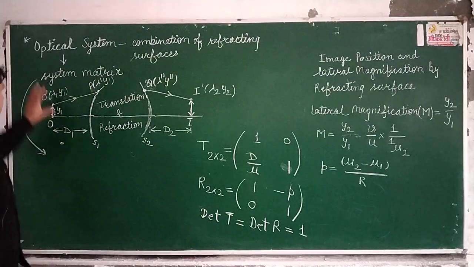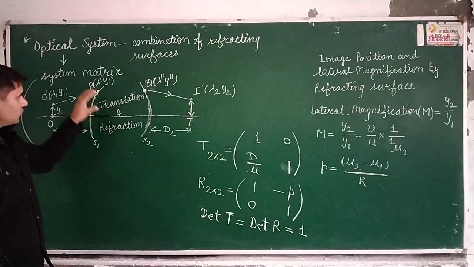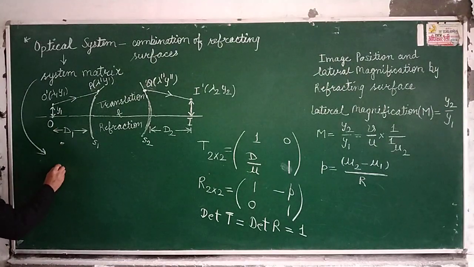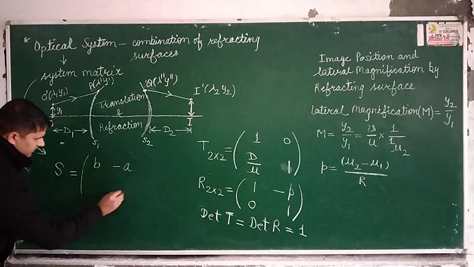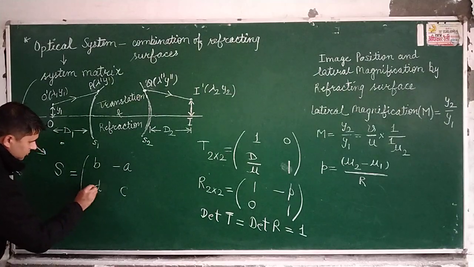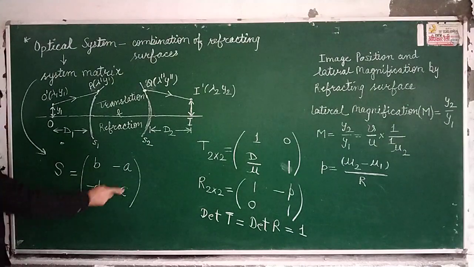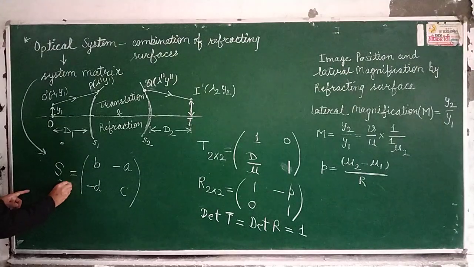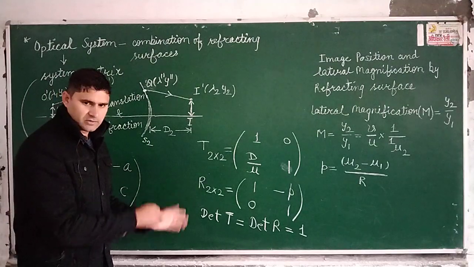The system matrix will be a combination of the translation matrix and the refraction matrix. If we write the system matrix as minus A, B and C, minus D, so A, B, C, D are the elements of the system matrix. Why are we taking it as a 2 cross 2 matrix? Because this matrix is made up of the product of translation and refraction matrices.